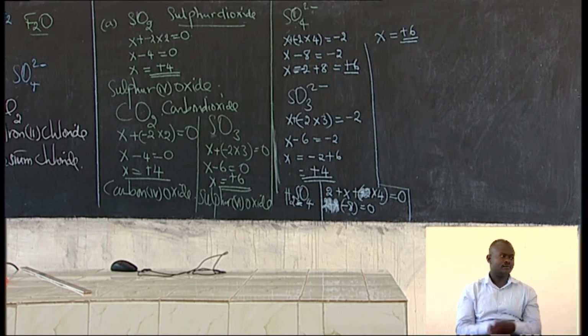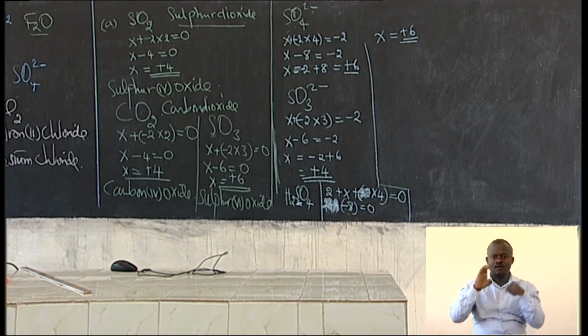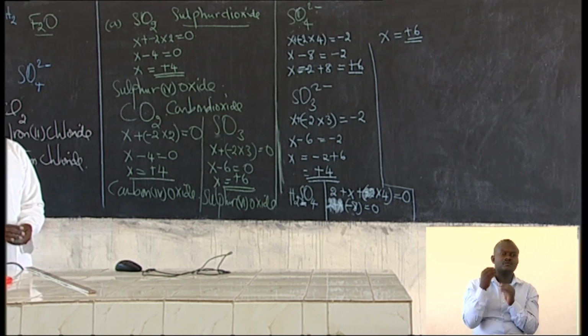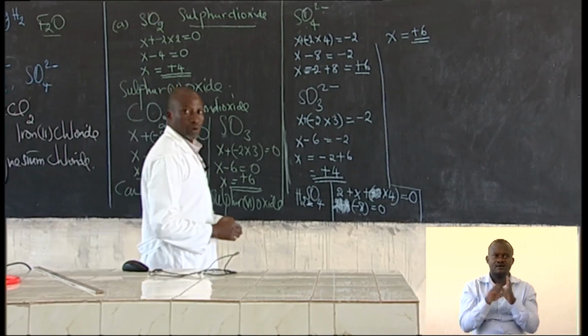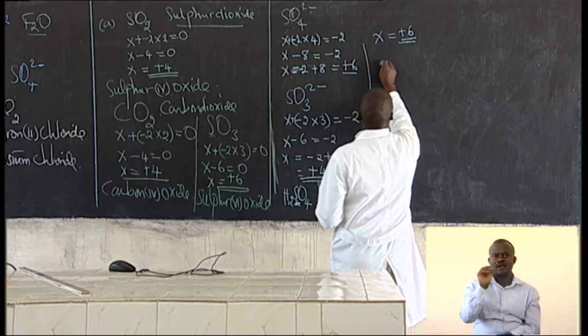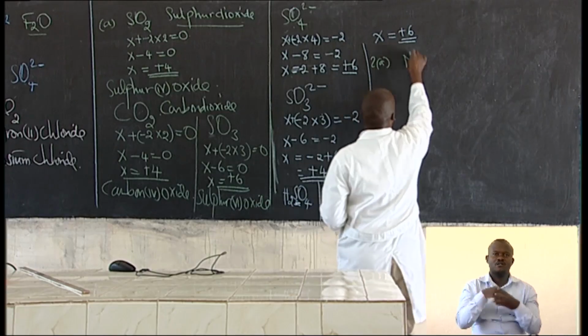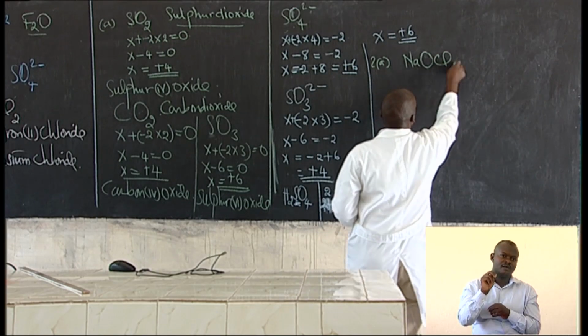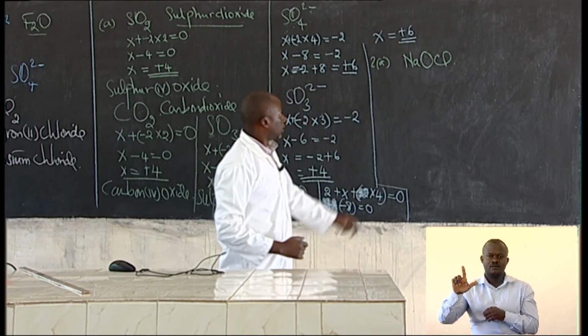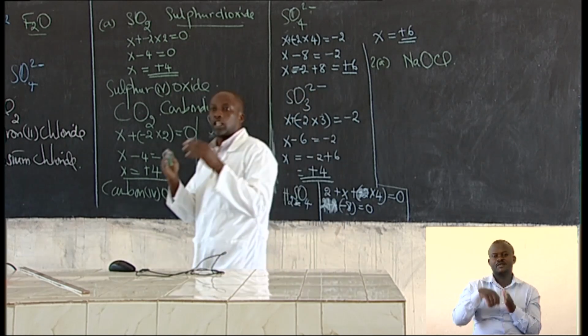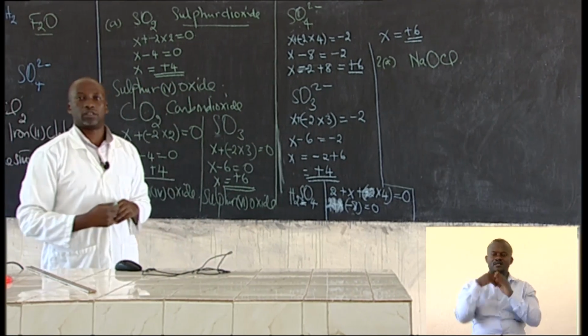Let's look at now, these are compounds. This is number 2 of the examples. Let's start with A of number 2, where you have chlorine. We need the oxidation state of chlorine in these compounds.